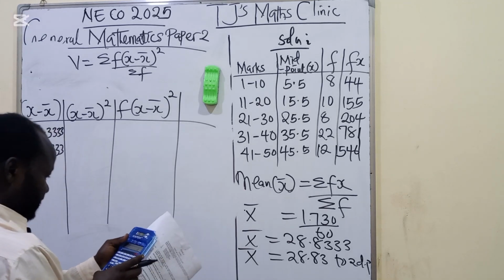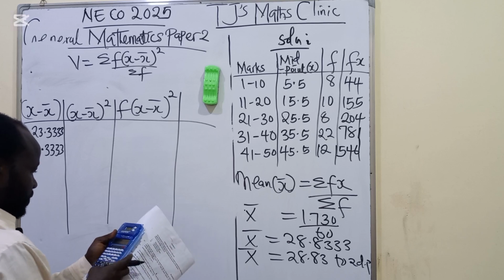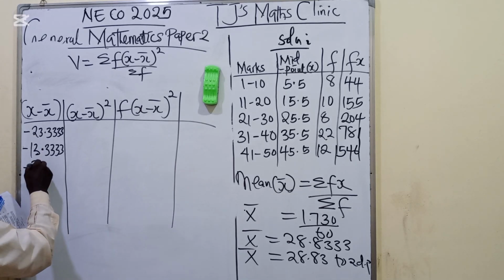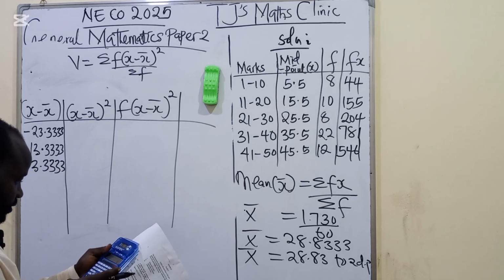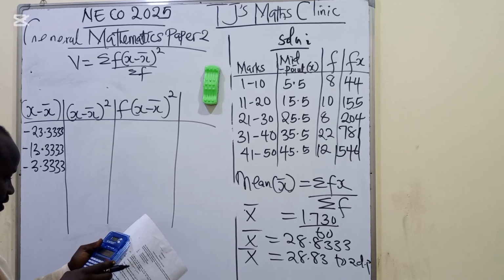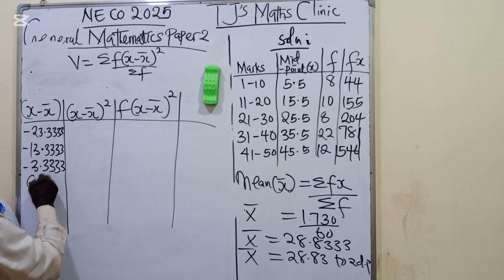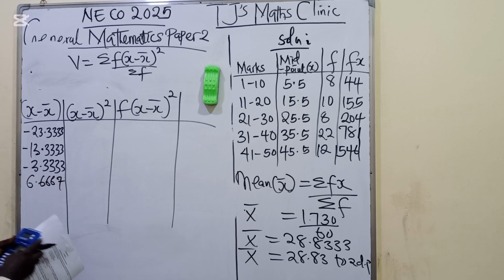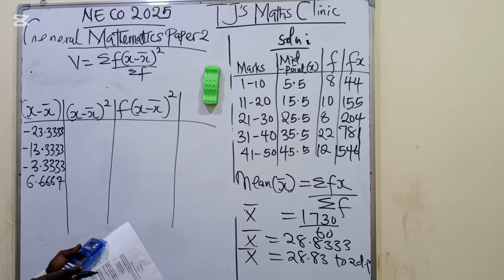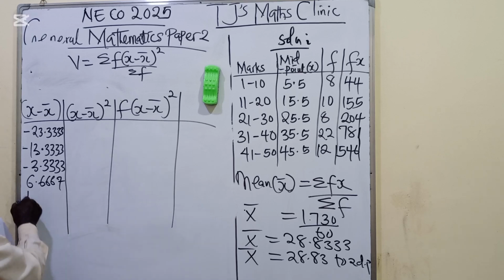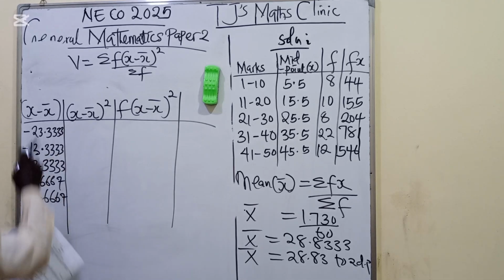Next, 25.5 minus 28.8333, we'll get minus 3.3333. The next one now, 35.5 minus 28.8333, we'll get 6.6667. The last one, 45.5 minus 28.8333, we'll get 16.6667.